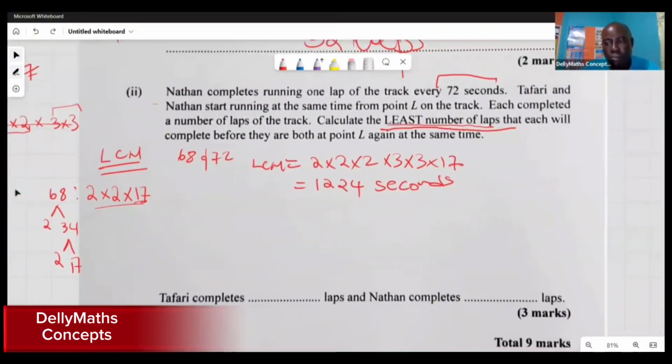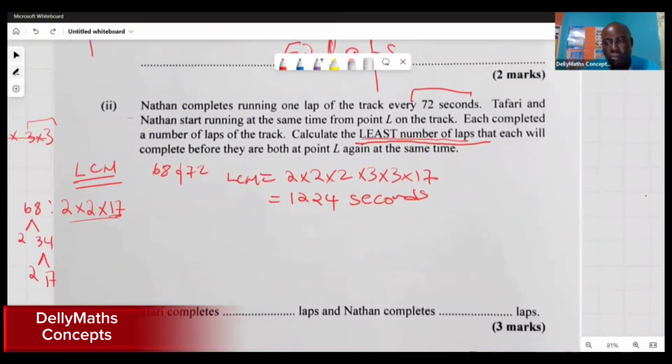All right, what we need to look at is the speed. So Nathan is running at 72 seconds per lap. So we're talking about Nathan here. I'm going to put Nathan over here. 1,224, divide that by 72. I'm getting 17 laps from Nathan.